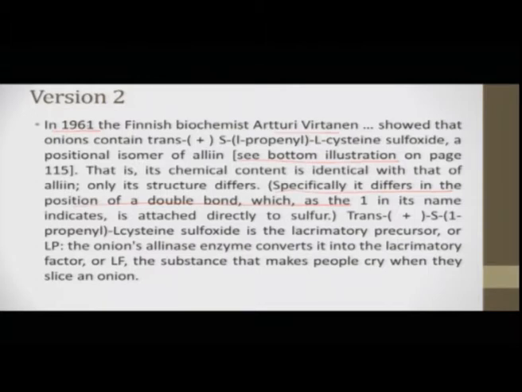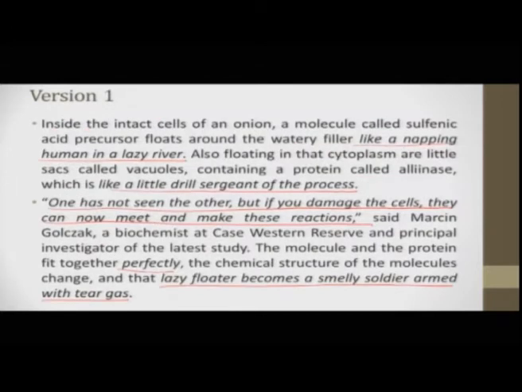Note here that both of them talk about why onions make us cry. So by now it must be very clear to you that the second text is from an academic context, whereas the first text is from a different context.